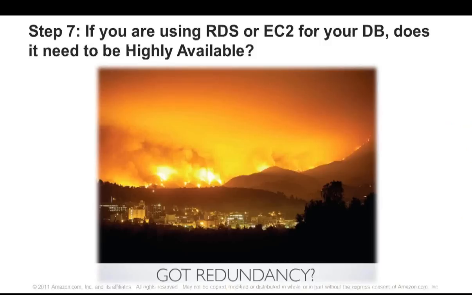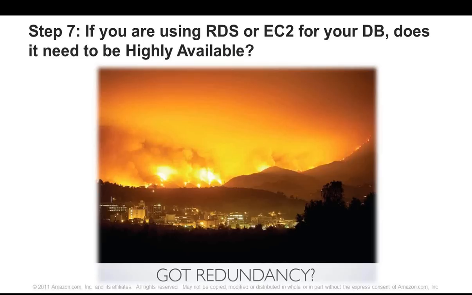So on to step 7, really our last step: if you're using RDS or if you're using EC2 for your database, does it need to be highly available? And again, this is just one of those Santa Ana fires in California. This is a picture from NASA JPL, and down there's one of their facilities where they had data centers.